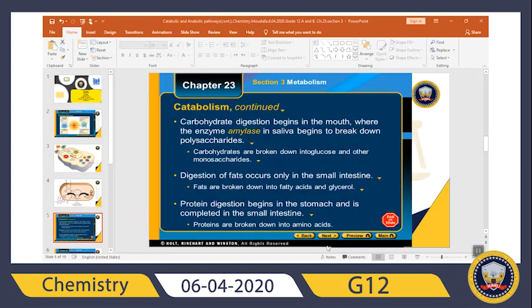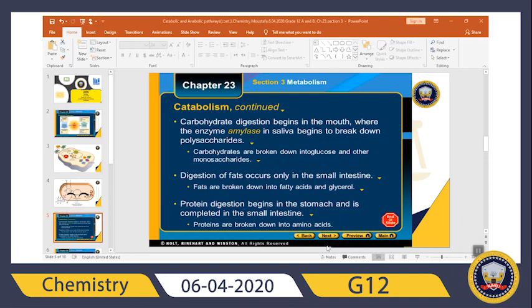Okay, and as we know, guys, the three main biological compounds are carbohydrates, proteins, and lipids. These are the main compounds that we eat.